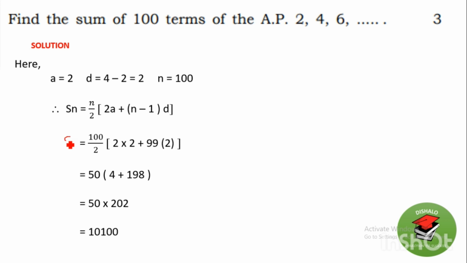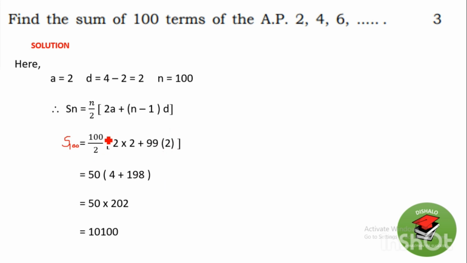So instead of N, we write 100, that means the sum of 100 terms. So 100 divided by 2, 2 into 2 plus 99, why 99? Because N is 100, 100 minus 1 is 99, D is 2.